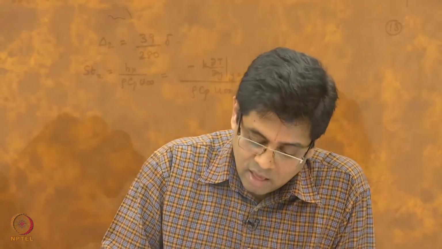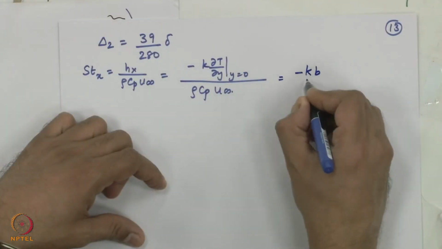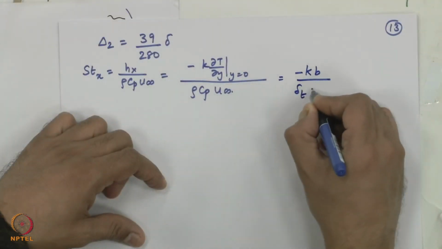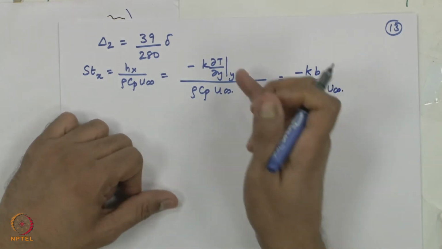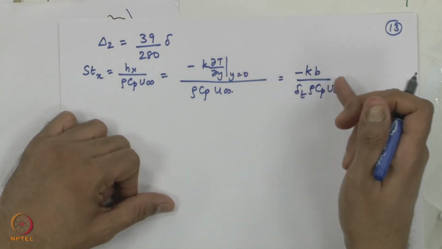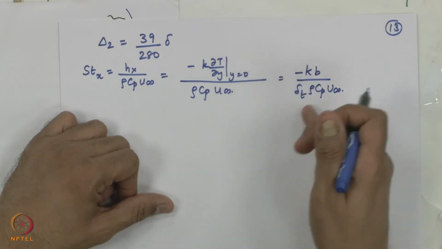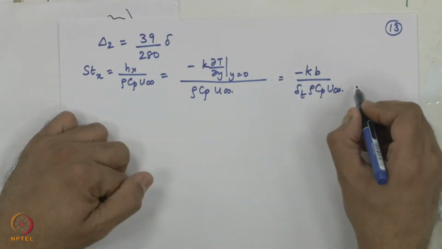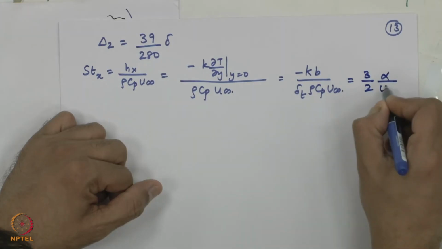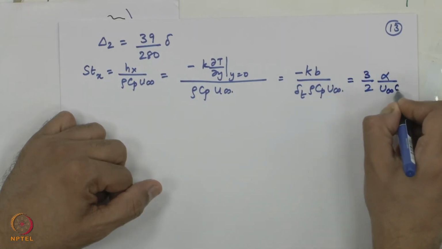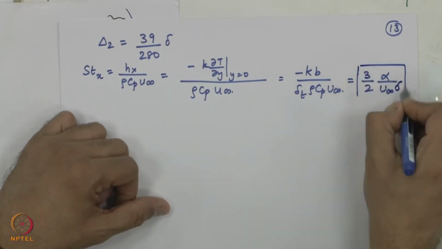So, when I substitute for dt by dy from the expression that was there before, I would get this as minus k into b divided by delta t rho Cp u infinity. We have derived dt by dy, substituted at y equal to 0, and because c is equal to 0, you would get this form. So, this is nothing but b is 3 by 2 alpha u infinity into delta. This is my Stanton number.